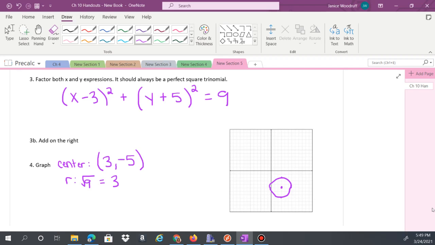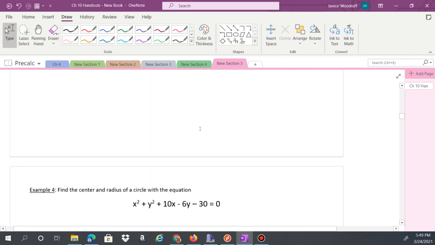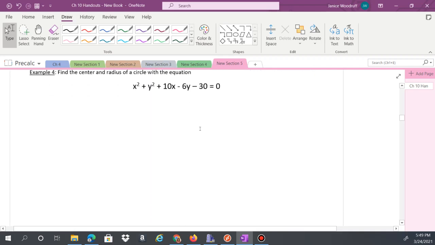Okay, so let's do another example. And I think the other example has almost the exact same values, so I want to change them up a little bit so you guys have something different. So it might not actually work out, but we're not going to graph it, so that's okay.